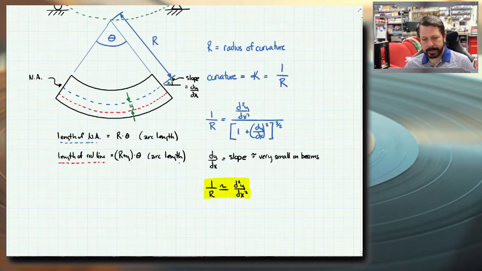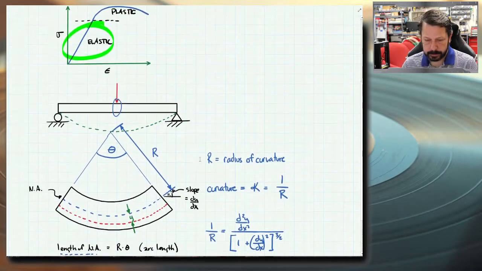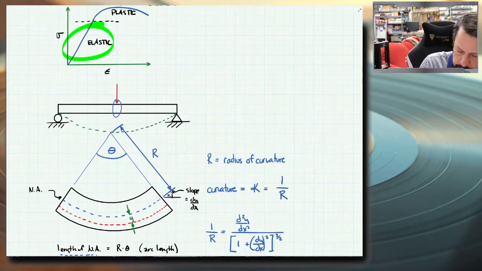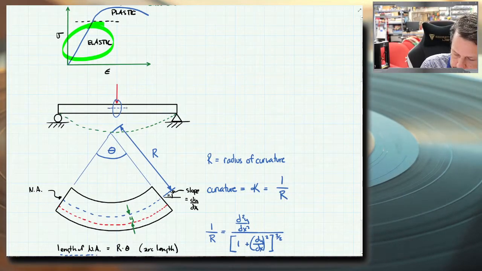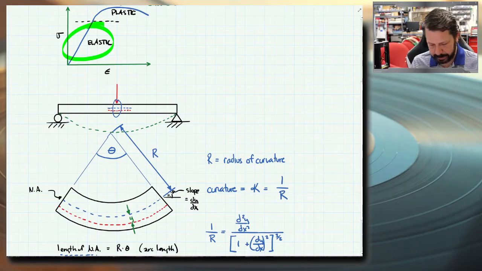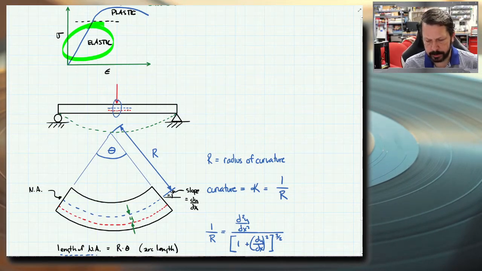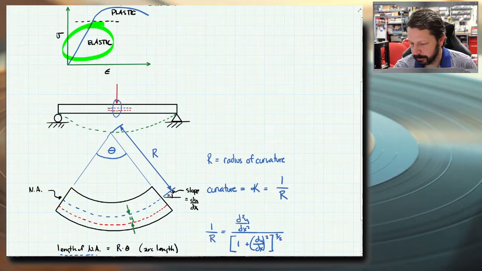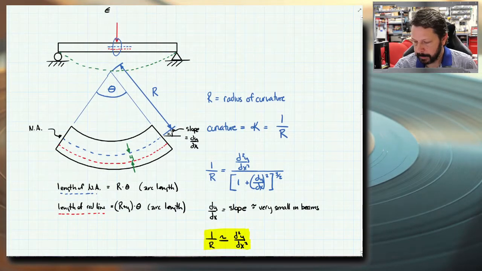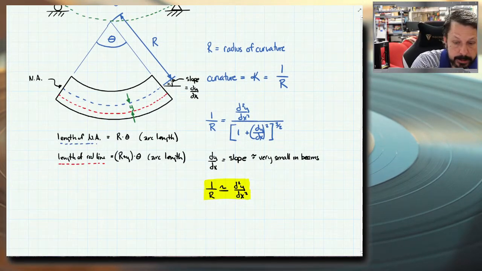So now I've got, these are both, when the beam wasn't bent, so when it was here, both of these lines would have been, like there's a neutral axis, there's our red line. They could have gone all the way down the length of the beam. They should be straight. I kind of drew my red one a little crooked, but that's okay. They were the same length.